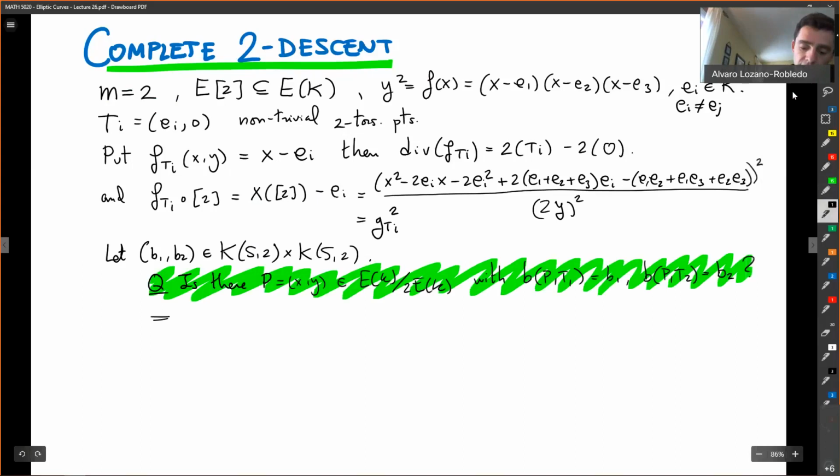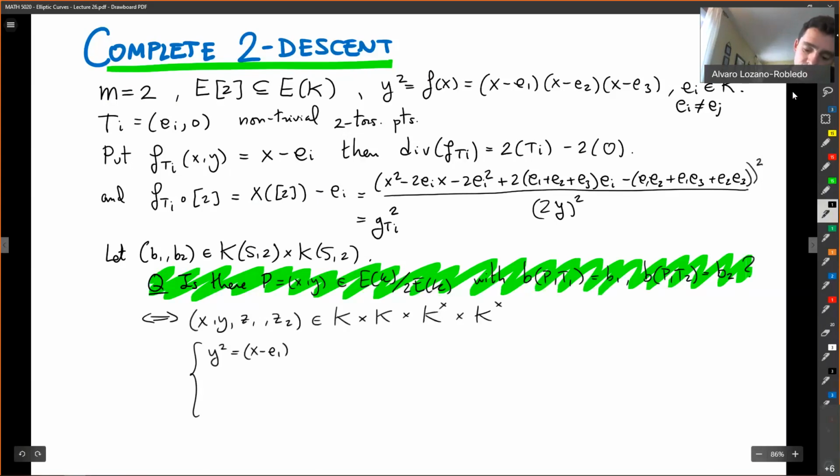All right, so is there such a P? This is if and only if there are x, y, z1, z2 in K cross K cross K star cross K star such that it satisfies the Weierstrass equation, and b1 modulo squares is f_T1, and b2 modulo squares is f_T2.